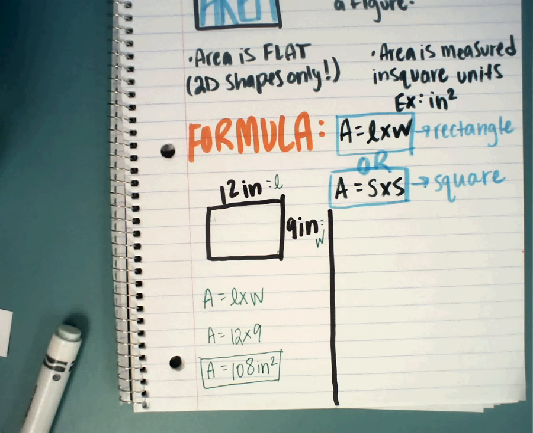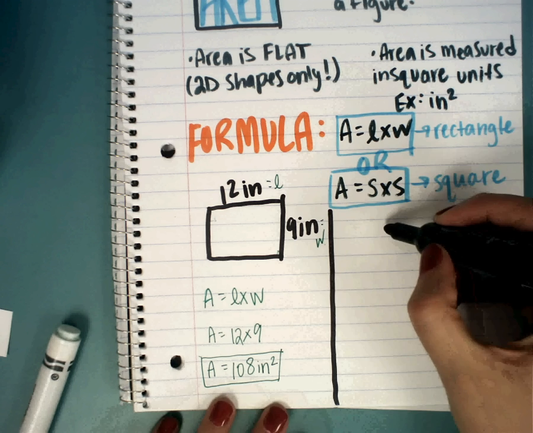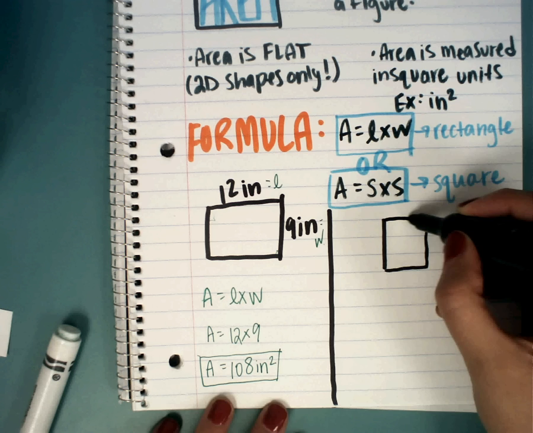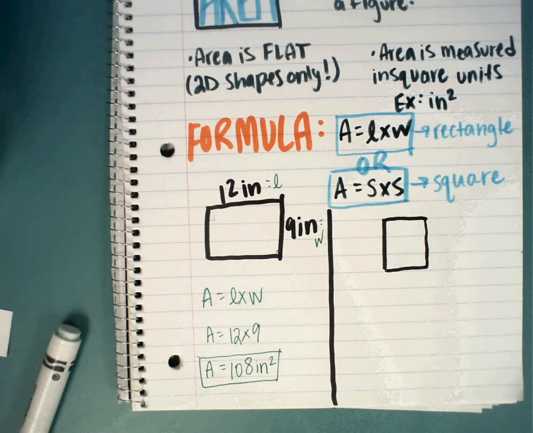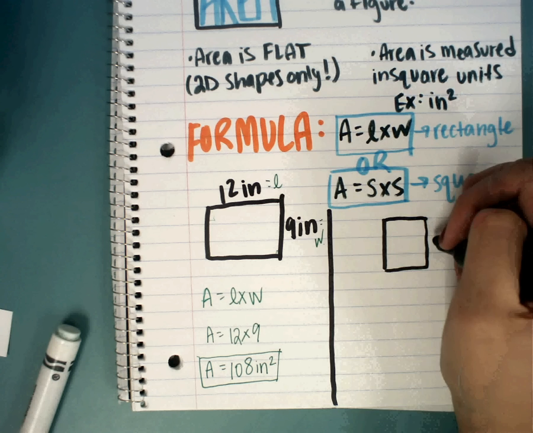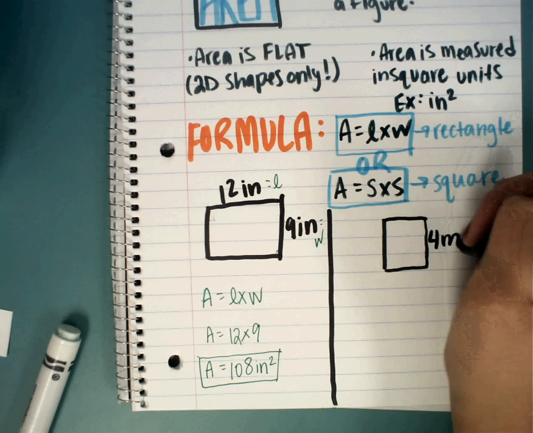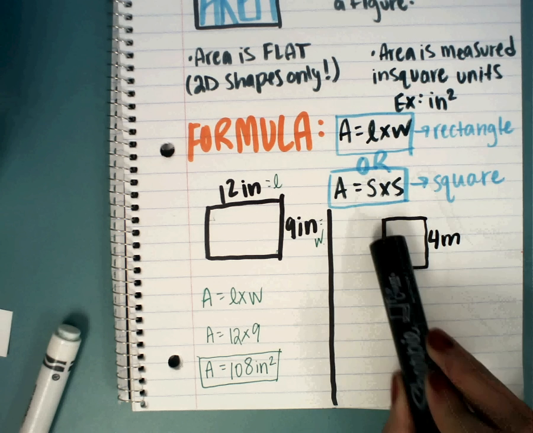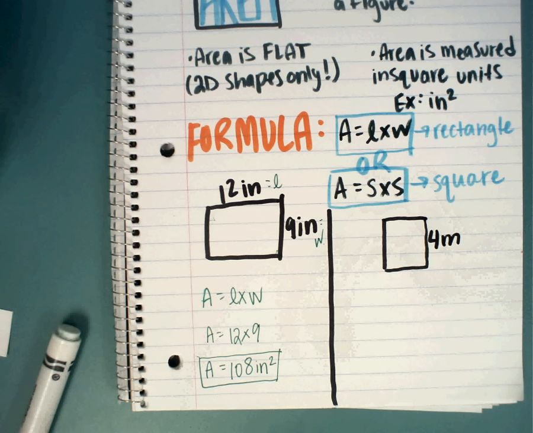Let's talk about a square. Let's see if I can make this a little bit more even. Okay. So if that's my square, and the length of this side over here is 4 meters, well, if this is a square, I know that if this is 4 meters, then this and this are all 4 meters, correct? Correct.